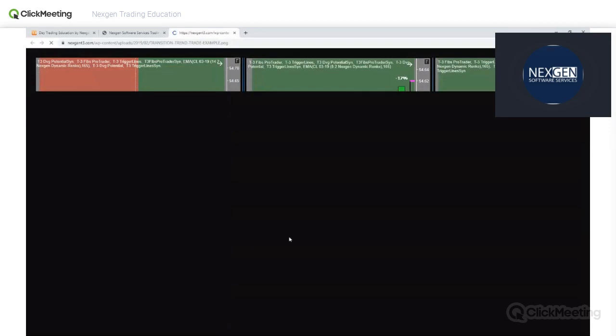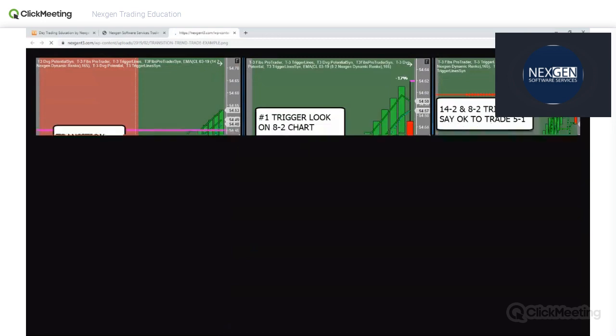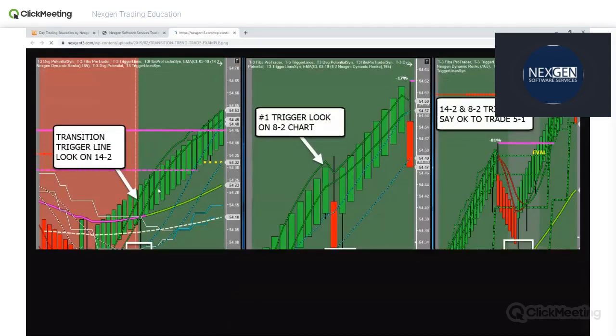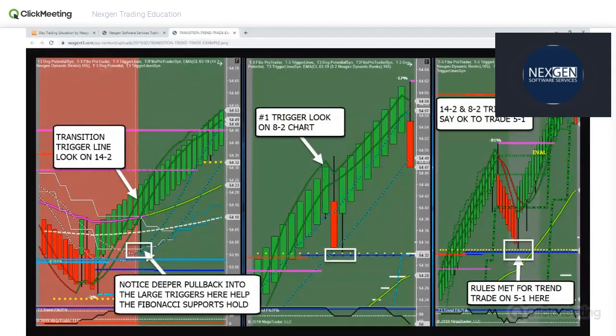So when you're going long, for instance, you have the correct fibs on the small chart and trigger line configuration on all charts.